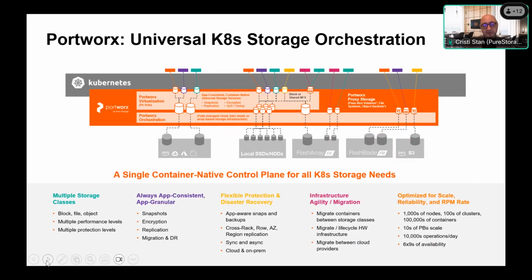Of course, it's CSI based, because there is no other way to provide persistent storage to Kubernetes. But we know how to do other things, and you are going to have the same functionalities across the whole environment. So basically, it doesn't matter if we are running on local drives.